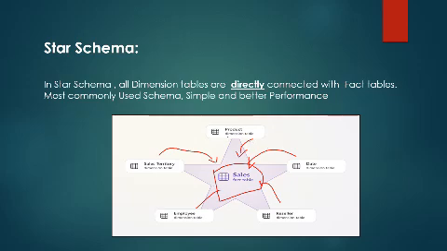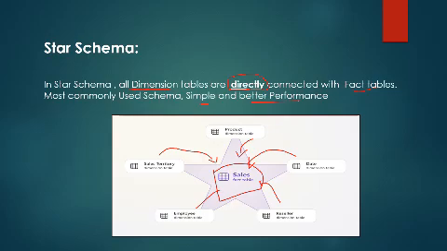So you just see it's like a star. So when the interviewer asks you, you could say all dimension tables are directly connected with the fact tables. This is the most commonly used in Power BI. It is very simple and it gives better performance in Power BI dashboards.